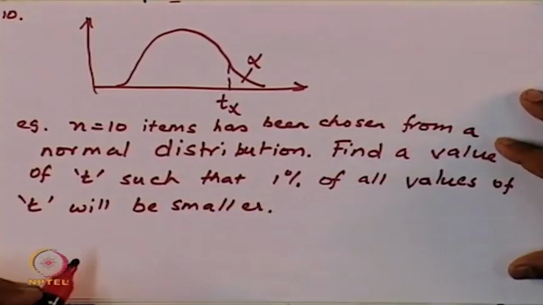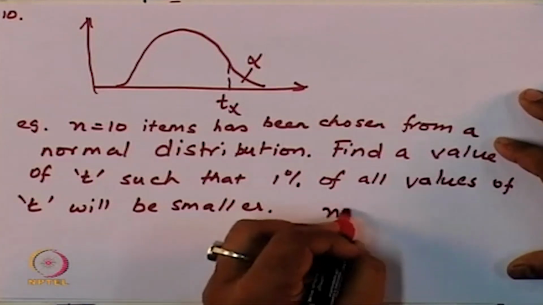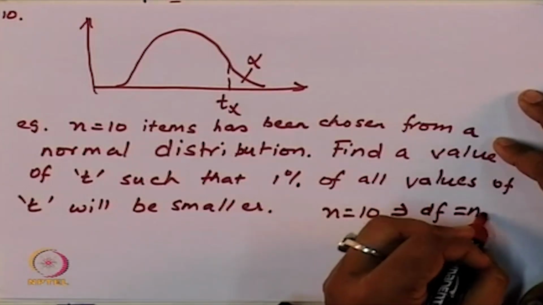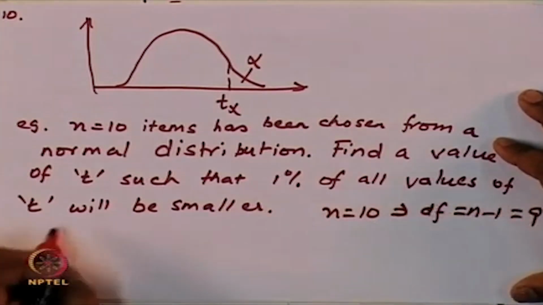So, as per this question, what we are given is n equal to 10, implying the degrees of freedom is equal to n minus 1 equal to 9.